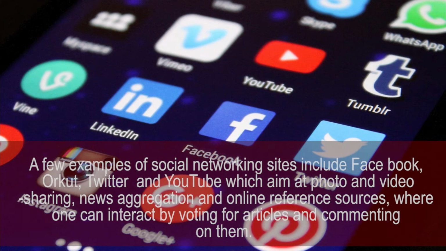A few examples of social networking sites include your Facebook, Twitter. Before Facebook, you had Orkut, then now you have Twitter, YouTube, which aim at photo and video sharing, news aggregation and online reference sources, where one can interact by voting for articles and commenting on them.